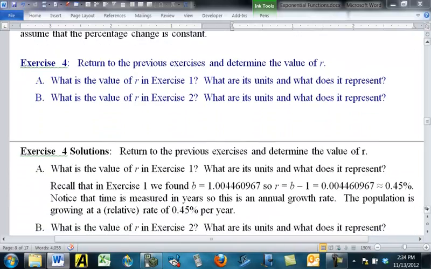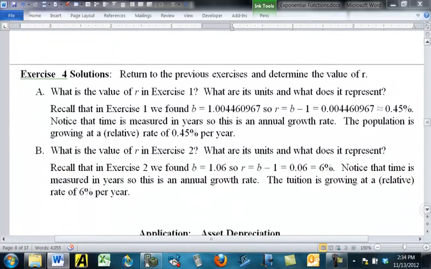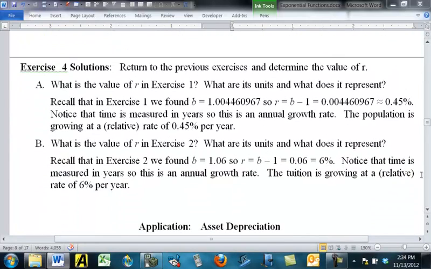Well, you may need to look back at your printout here, but in exercise 1, we found the base to be 1.0044600967. So R is just the base minus 1. Take the 1 off, and it's 0.00446, etc. So that rounds off to about 0.45%, less than half a percent. Now, time is measured in years, so this is an annual growth rate.